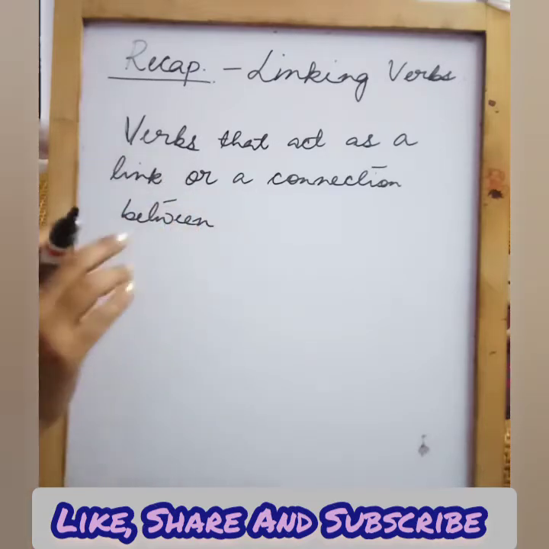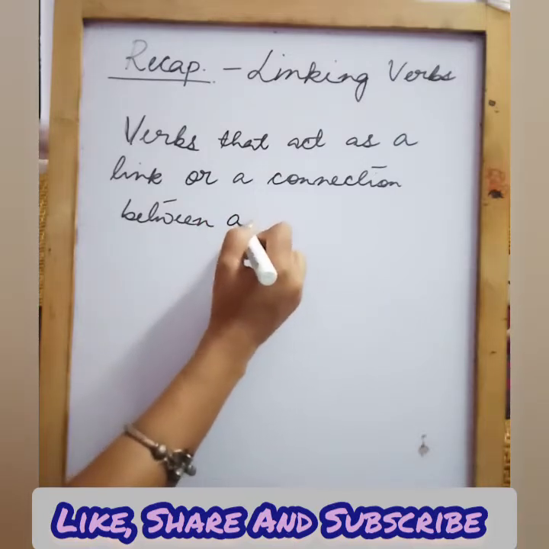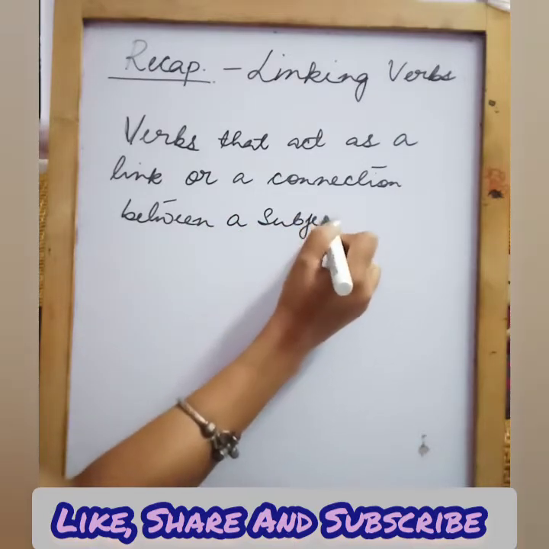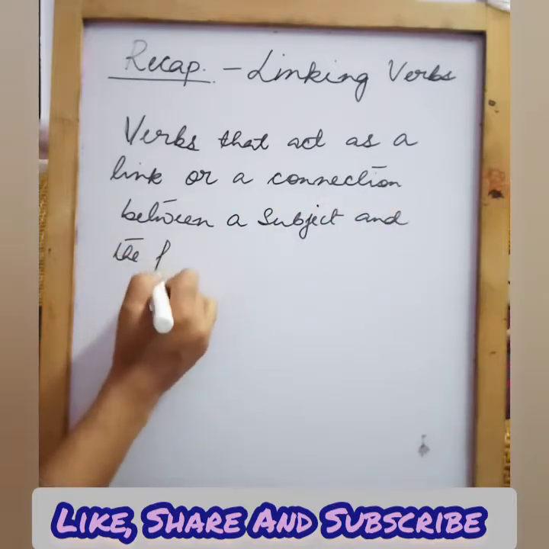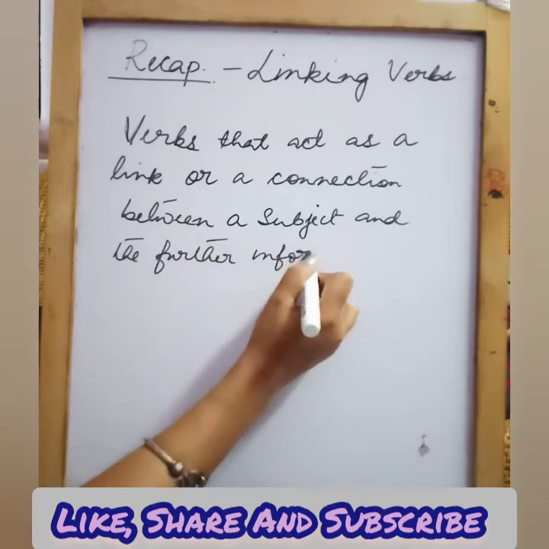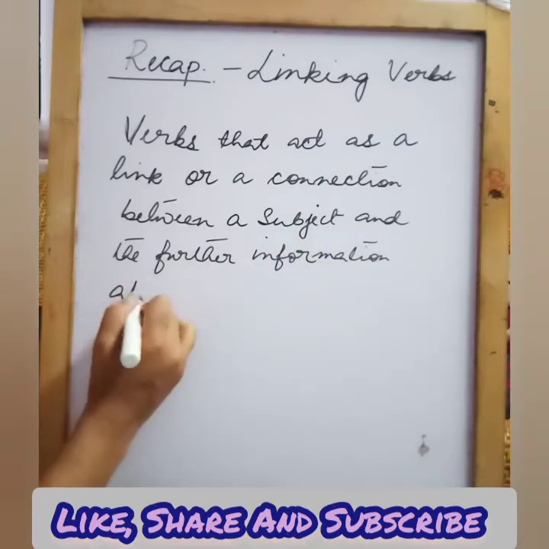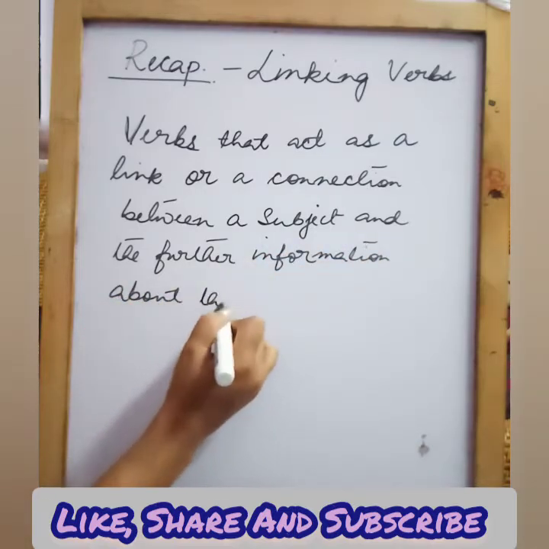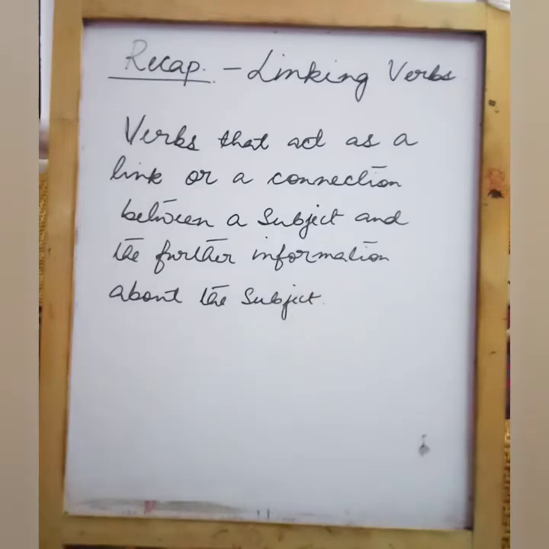So it is a connector, a link, or it acts as a connection between a subject and the further information about the subject in the sentence, in the later part of the sentence. Fine? Is it clear?